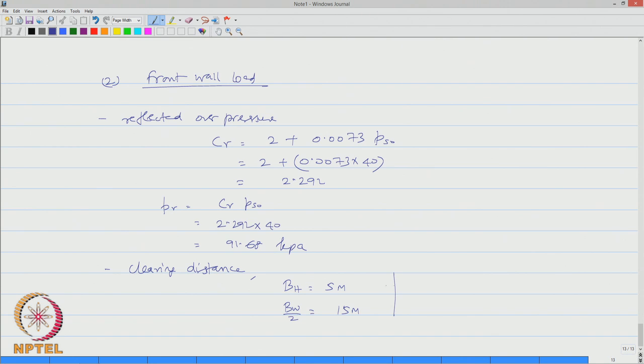We know that the clearing distance S is the least of BH and BW by 2. So, therefore, S is 5 meters.